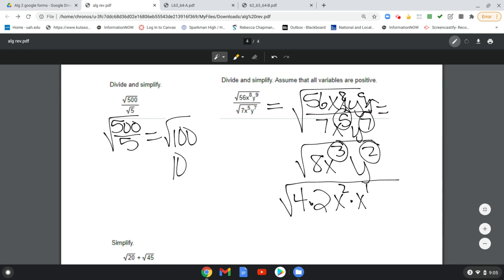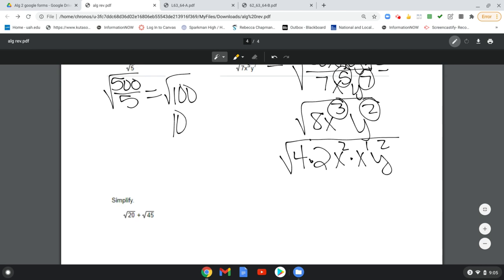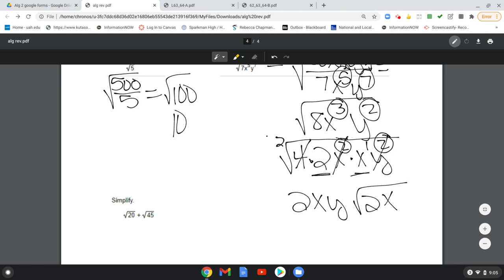Since this number is divisible by 2, I'm not going to break that one down. Square root of 4 is 2. This 2 divided by that understood 2 is a 1. This 2 divided by that understood 2 is a 1. And so the only thing that's left under that square root is the 2 and the x. Remember, this exponent has to be smaller than the index that you're working with on the outside.